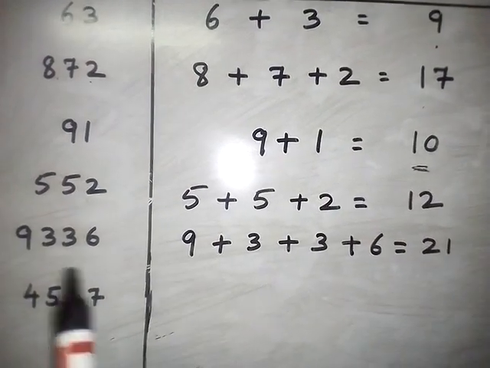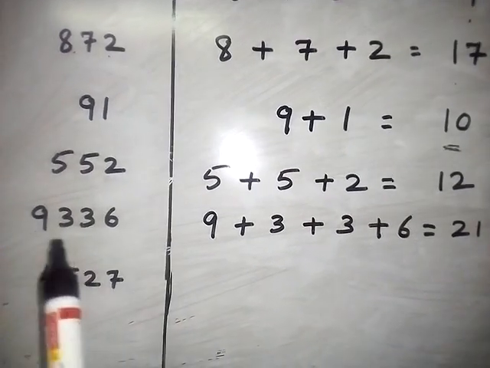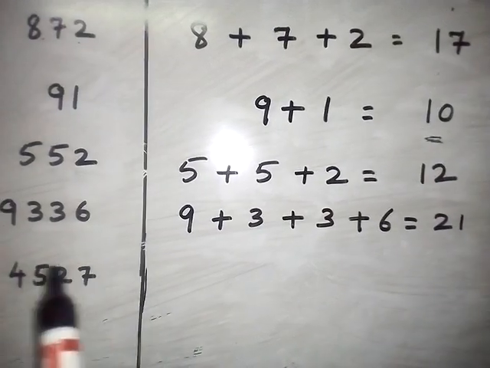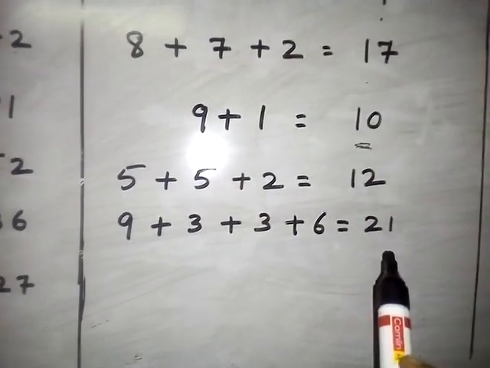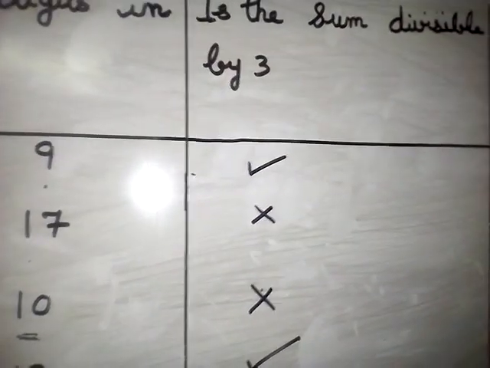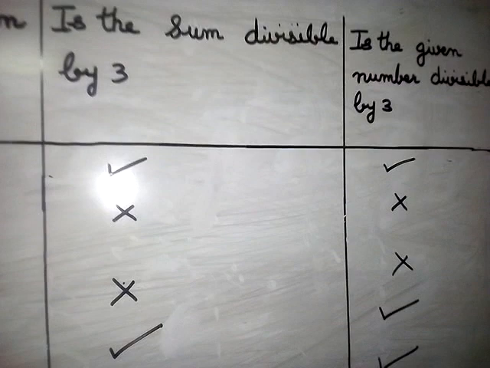Sum of the digits in the number, you have to write 9 plus 3 plus 3 plus 6. How many digits are there? 4 digits are there. Write in addition form the sum of the digits of the number 9336. Answer getting 21. 3 7s are 21. Is the sum divisible by 3? Answer is yes. Is the given number divisible by 3? Answer is yes.